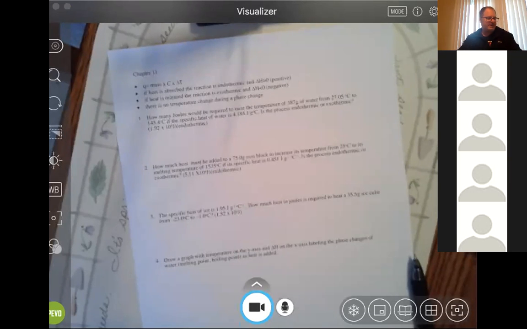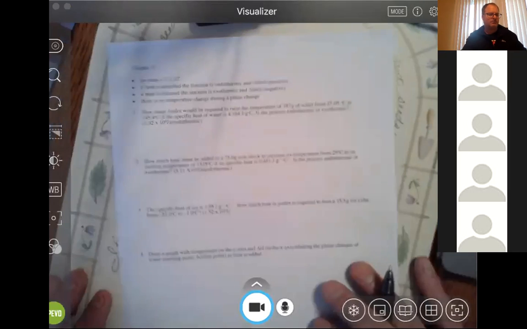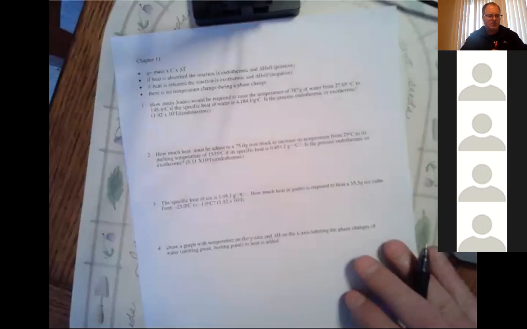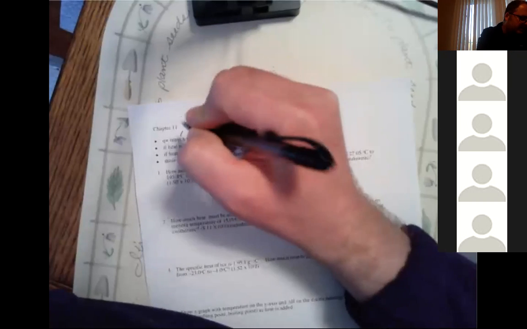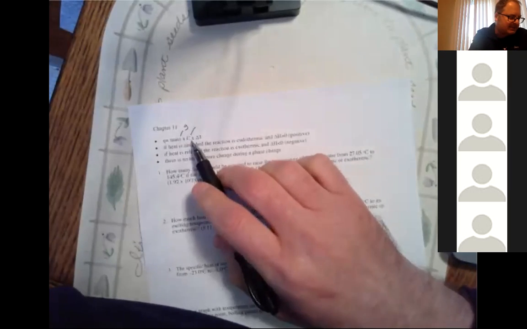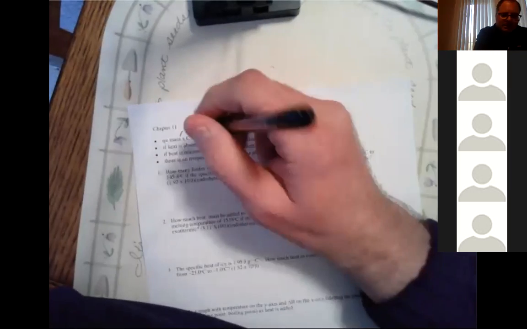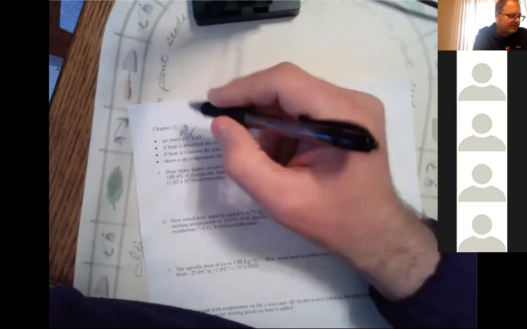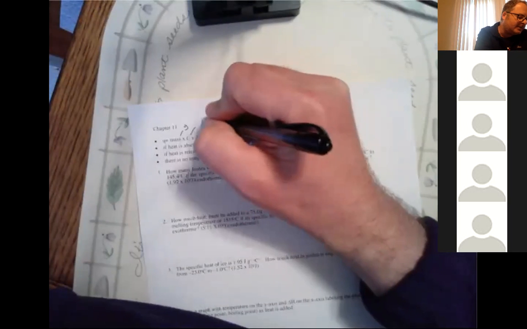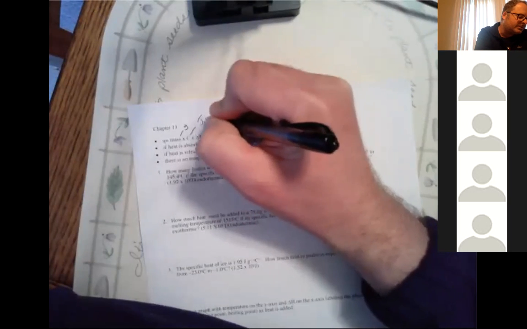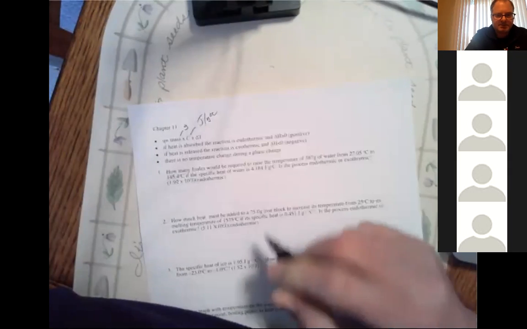So key things about this, hopefully this is visible, is that you need to know, for example, the units for everything. For mass, we would have grams. This C or S is the specific heat capacity. Both letters have been used either C for capacity or S for specific heat, and that is joules per gram degrees Celsius.